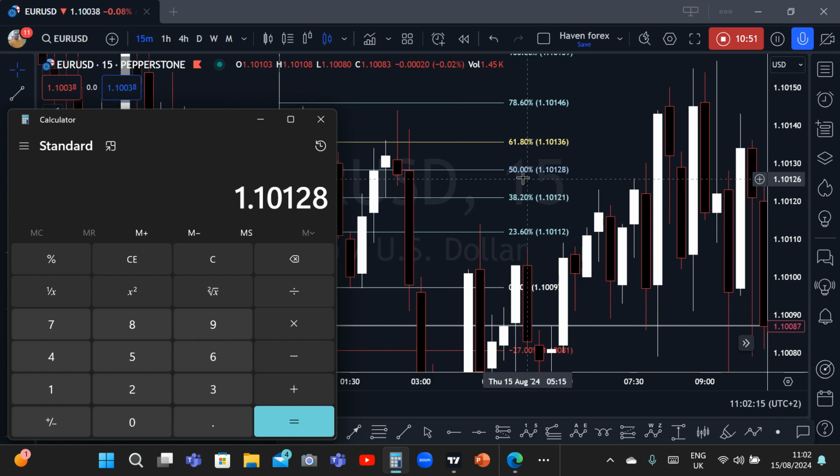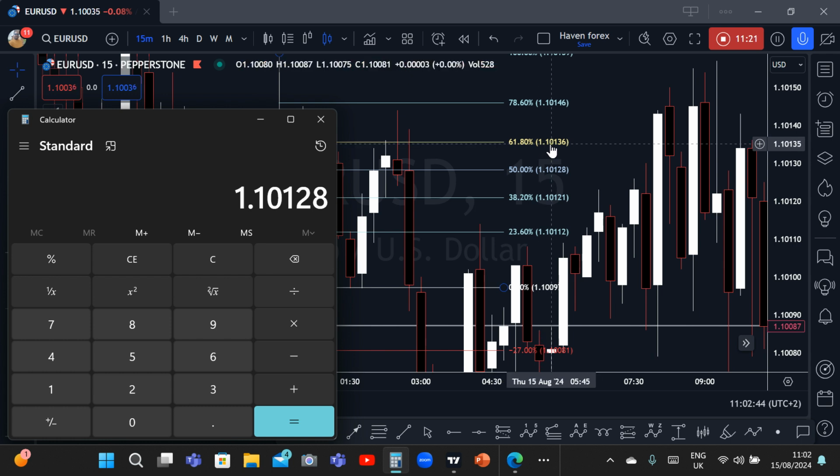It's not magic. This is where you want to place your entry. You are waiting for price to get to this point where you now want to enter. Or if you want to enter from 61.8%, if you see the price has already gotten to this place and you want to enter from here, this is where you want to place your entry, guys. As simple as that.